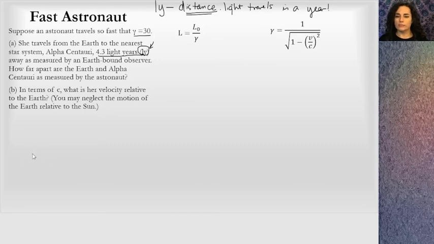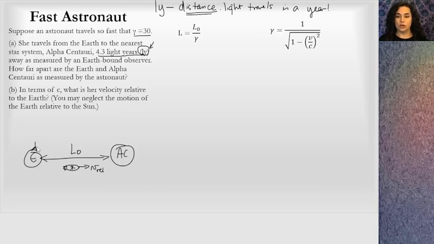And so I'm asking myself, so here's Earth and here's Alpha Centauri, and there's some sort of distance between them, some proper distance between them. And I ask myself, who measures that proper distance? The person at rest with respect to both of them is going to measure the proper distance. The person in the spaceship is moving with some speed relative to this distance.